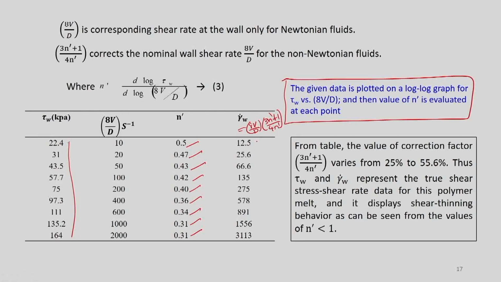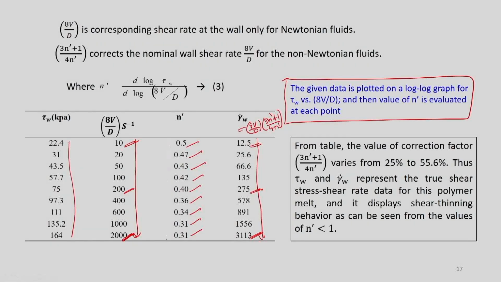This correction is also changing, and this is the true shear rate. For the given apparent shear rate, the first point is 10, whereas the true one is 12.5. When the apparent shear rate is 200, the true shear rate is 275. When the apparent shear rate is 2000, the true shear rate is 3113, which is a very large value.